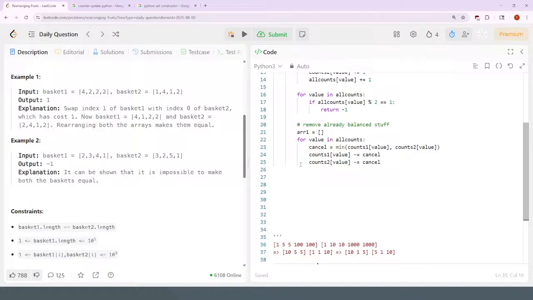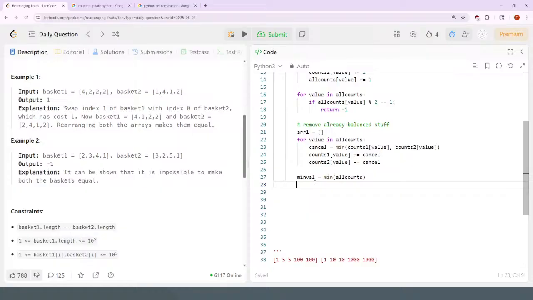So I think maybe I can do min val is the minimum of all my values. No, it's not the minimum. Yeah, the smallest of all my counts. Not the counts, but the actual value. And then I'll check.